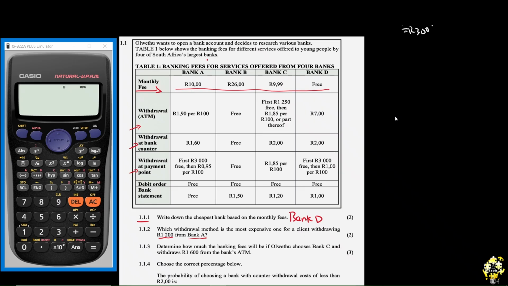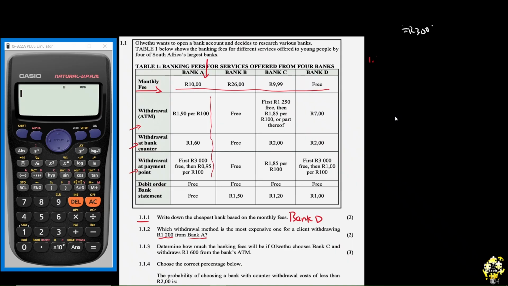But because we are only focusing on Bank A, this is where we are for these 3. So now they are saying which withdrawal method is the most expensive one for a client withdrawing 1,200. So let's start here. When you withdraw at an ATM, you are supposed to pay 1.90 per 100 rand. So that means for each and every 100 rand that you are withdrawing, you are supposed to pay 1.90 rand. So let's do our calculations here.